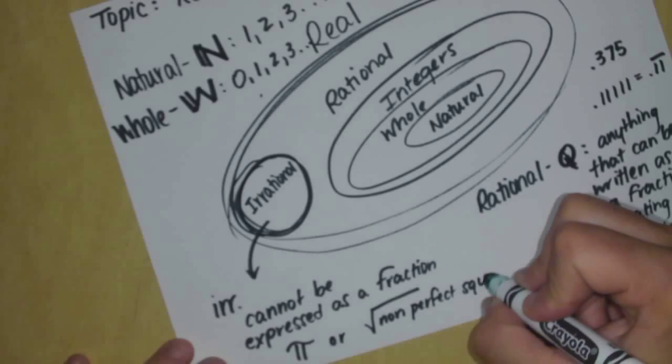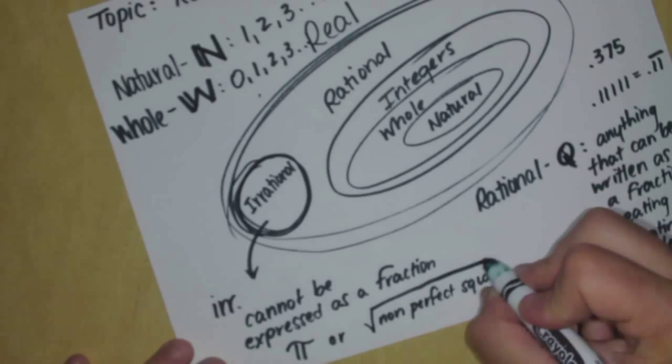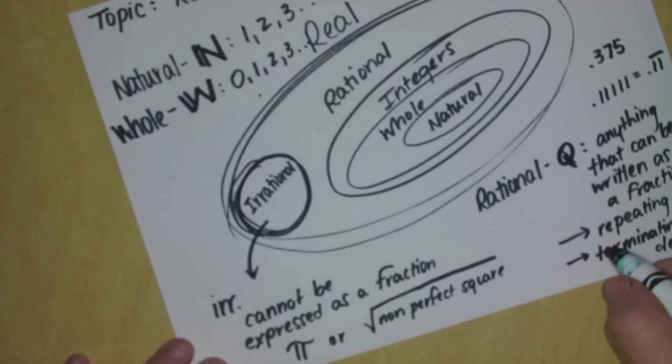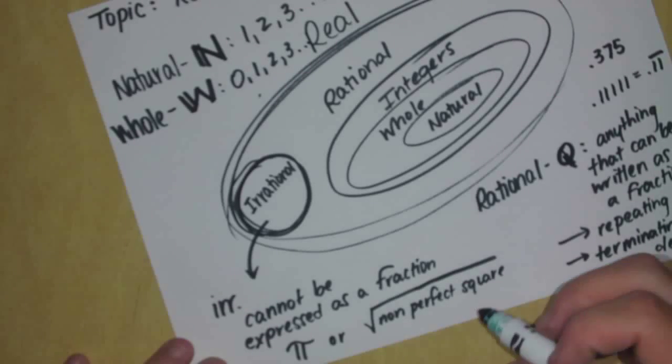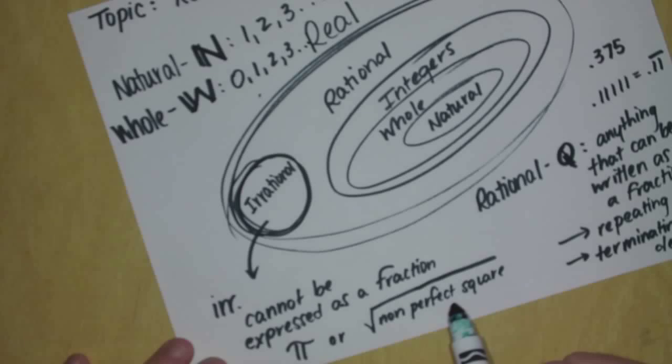So, a perfect square is like 9, 25, 100, 900. A non-perfect square are numbers like 2, 3, 5. Something that can't be multiplied by itself to get.